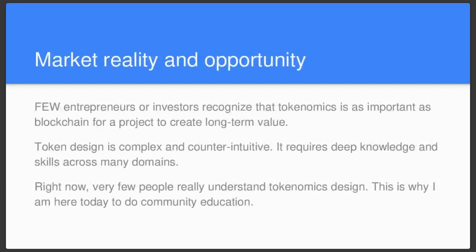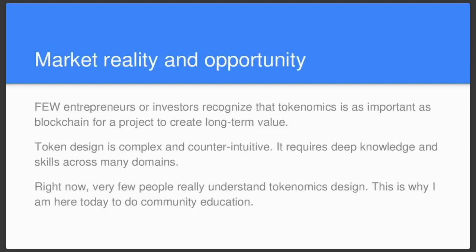So what is the market reality today? The truth is, few entrepreneurs or investors recognize that tokenomics is as important as blockchain for a project to create long-term value. Right now, given the market is down, most people focus on the value of a blockchain project.